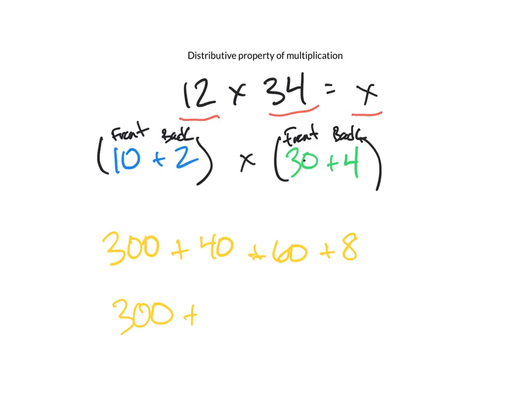So I have 60 plus 40 will give me 100. Bring my 8 down, and then now I know 300 plus 100 gives you 400. Add an 8, and that gives you 408.